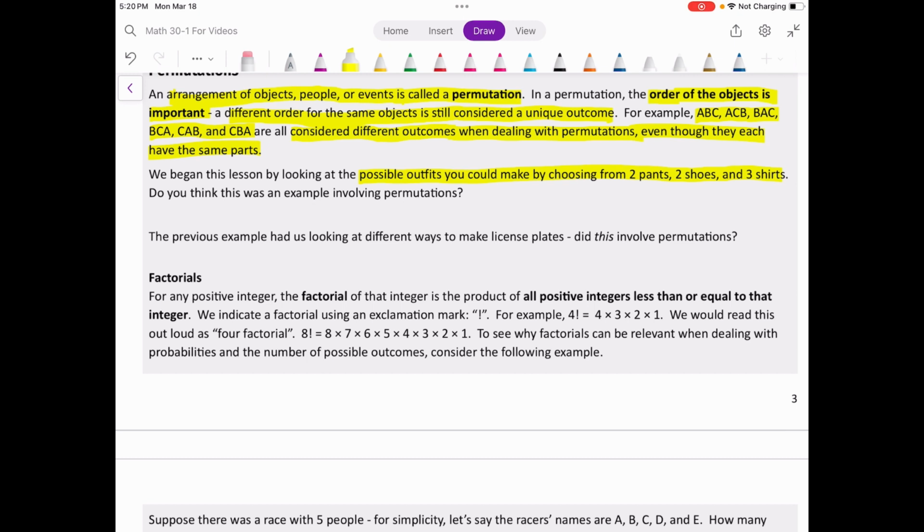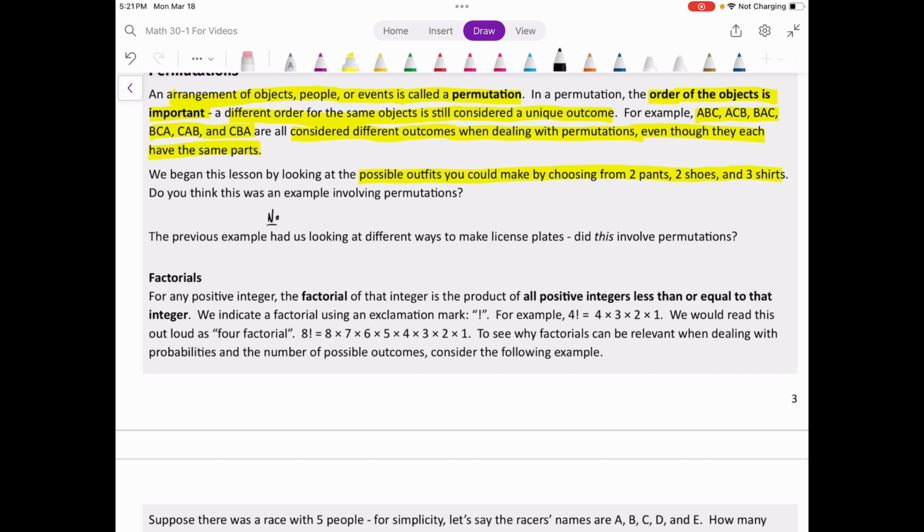Okay. Let's say I wear khaki pants, yellow shoes, and a red shirt. Is that a different outfit than if I wear a red shirt, yellow shoes, and khaki pants? No, right? I'm still wearing the same outfit. So the order I choose them in there doesn't matter, right?